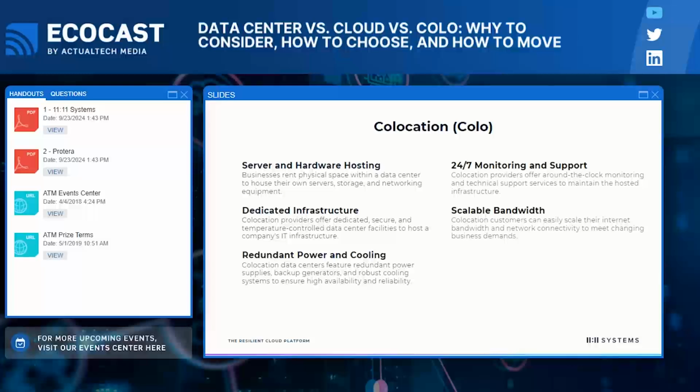But with co-location, you get to lower the upfront costs. Co-location allows businesses to avoid the high initial capital expenditure that's required to build and maintain a private data center. Instead, companies can lease the space within a co-location facility, providing access to all of that robust infrastructure without the substantial financial outlay. This model is advantageous for businesses that are looking to conserve capital but still require a reliable IT environment.